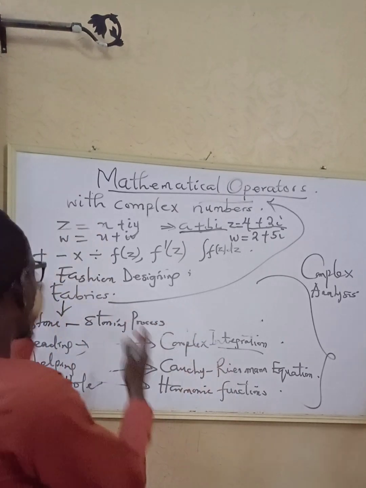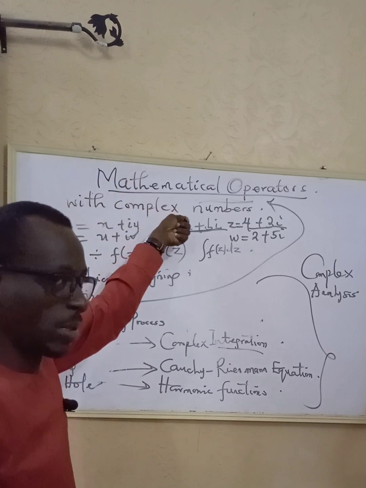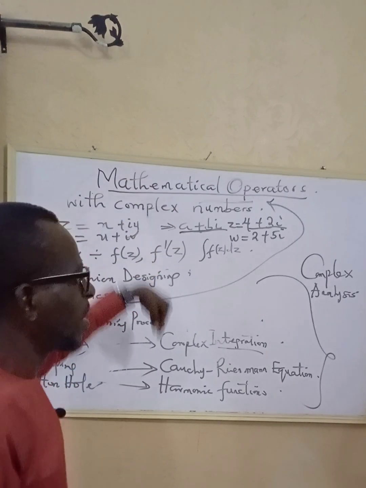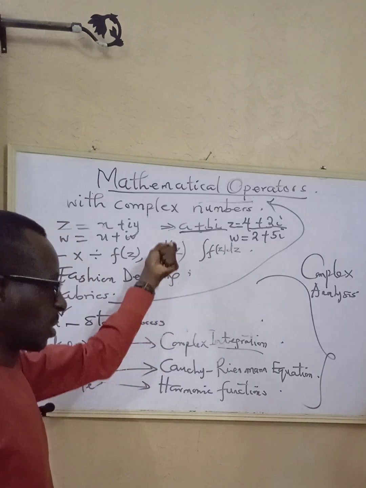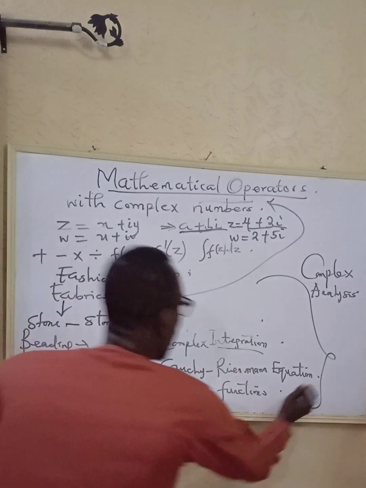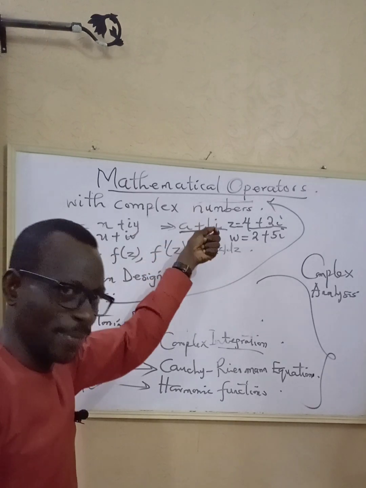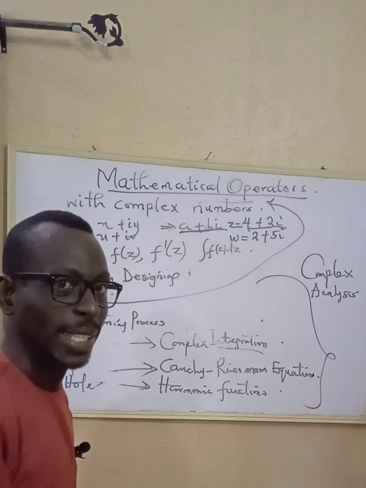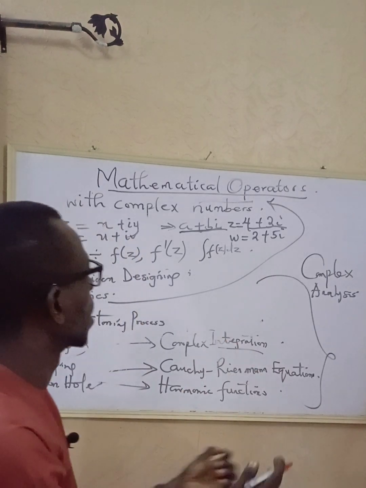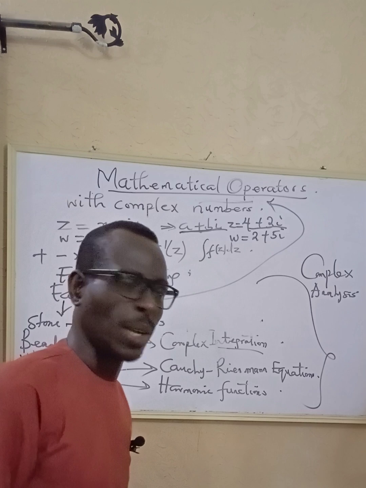Likewise, we have said the function of z acting upon the complex numbers gives rise to complex analysis. You have the differential that has led to the Cauchy-Riemann equations and also harmonic functions, and the integral of the function of z has led to complex integration because of the inclusion of an integral in the complex numbers and complex variable.